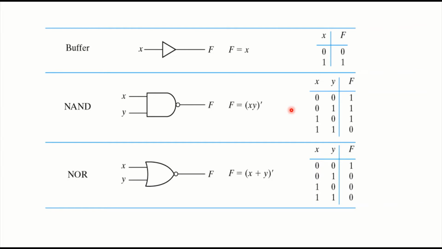Now in this case, we'll just get the opposite of that condition. If both the inputs are 1, we will get 0 at the output. For the rest of the cases, we will get 1 at the output. We can see from here in the truth table, for 1, 1, we are getting 0 at the output, and for the rest of the cases, we are getting 1 at the output.